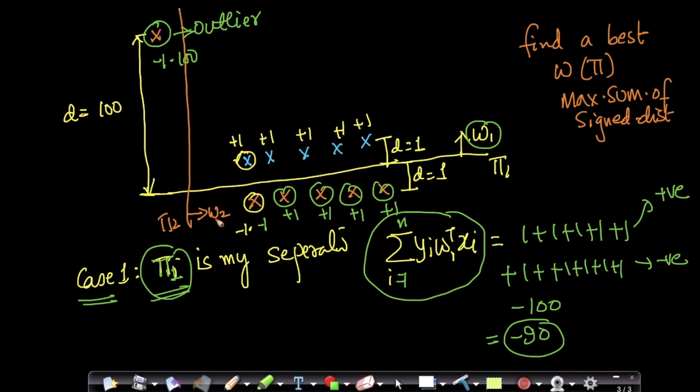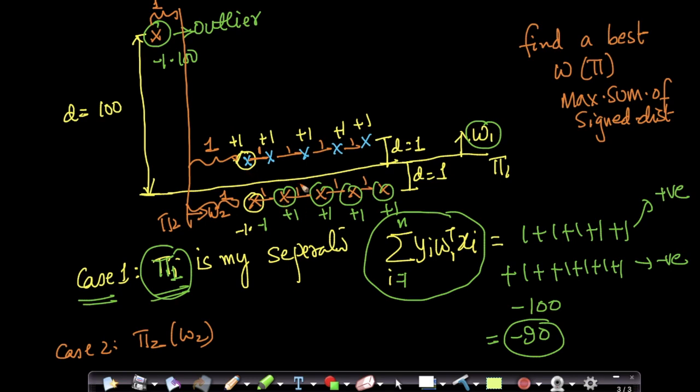What happens when I use pi2? Case 2 is when I'm using pi2 or correspondingly W2, right? Just for simplicity, let's assume this distance is 1 unit, this distance is also 1 unit, and the distance between each of these points is 1 unit. Let's simply assume this is 1, this is 1, this is 1, this is 1.